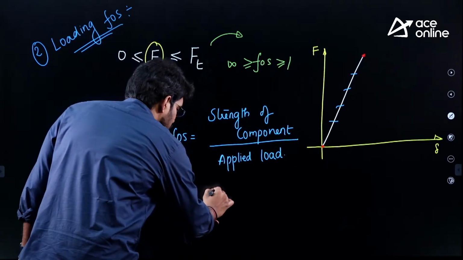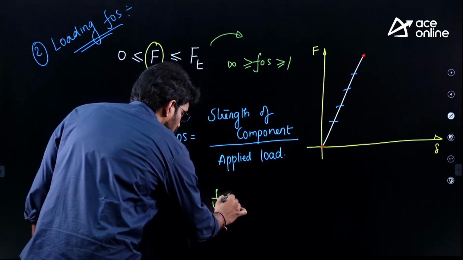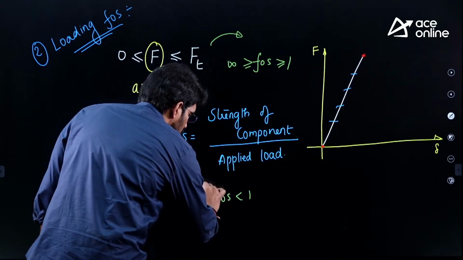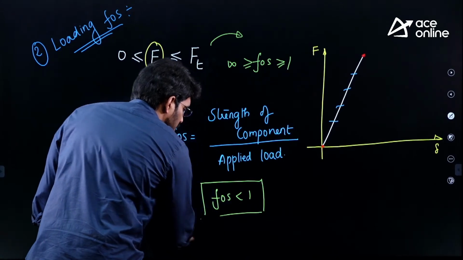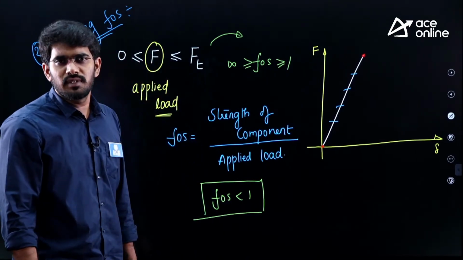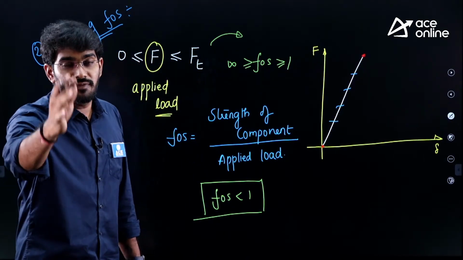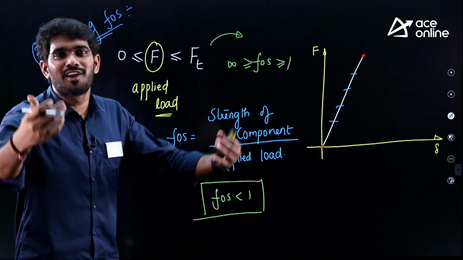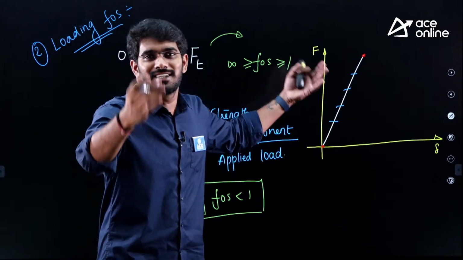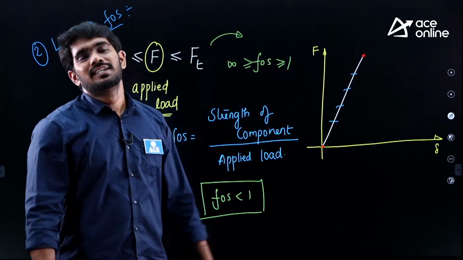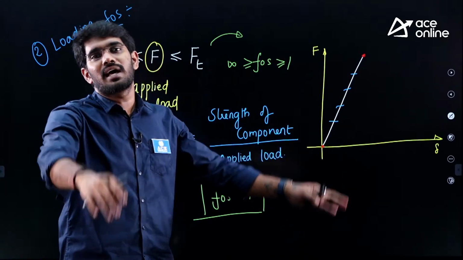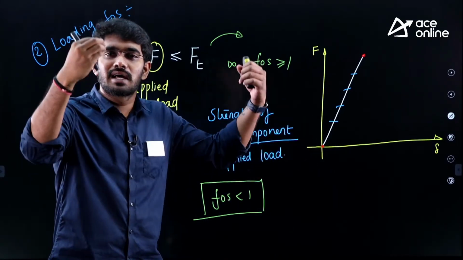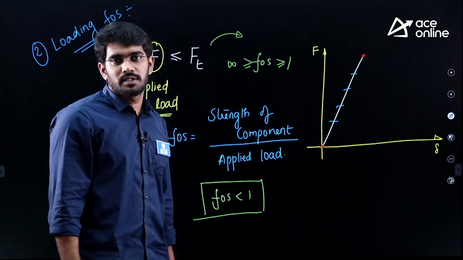Can you please tell me the meaning of factor of safety less than 1? It also possesses some meaning, right? So what is the meaning of that? Factor of safety less than 1 means the component has already crossed failure and entered into the damaging region. It has already undergone some damage. Permanent damage has already occurred over this component.